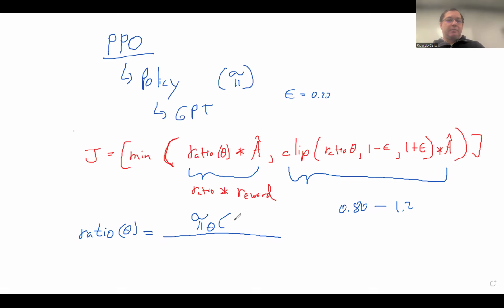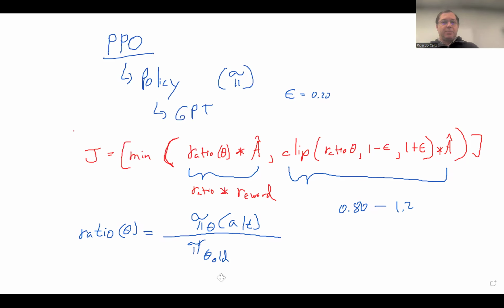The normal formulation has action and state, so we could skip that part if we like. And then theta old, or old log probs versus new log probs. Do you guys see that? So this goes in the denominator.